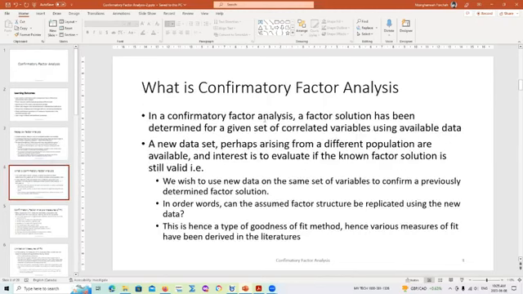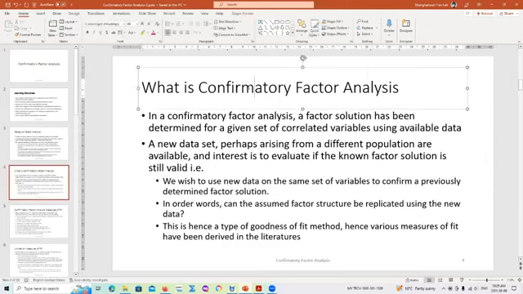Confirmatory factor analysis then uses a new data set, maybe arising from a different population, and the interest is to evaluate if the known factor solution is still valid. That is basically what confirmatory factor analysis is doing, which is great because we just say confirm, and we are confirming the factor structure.